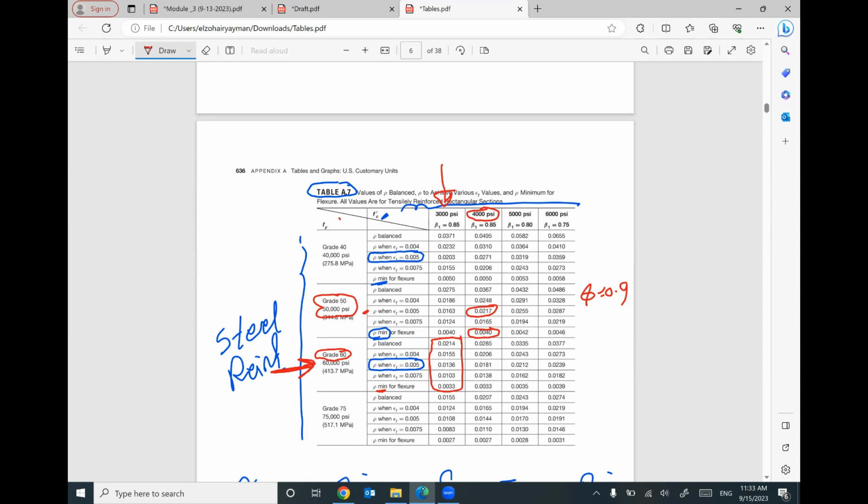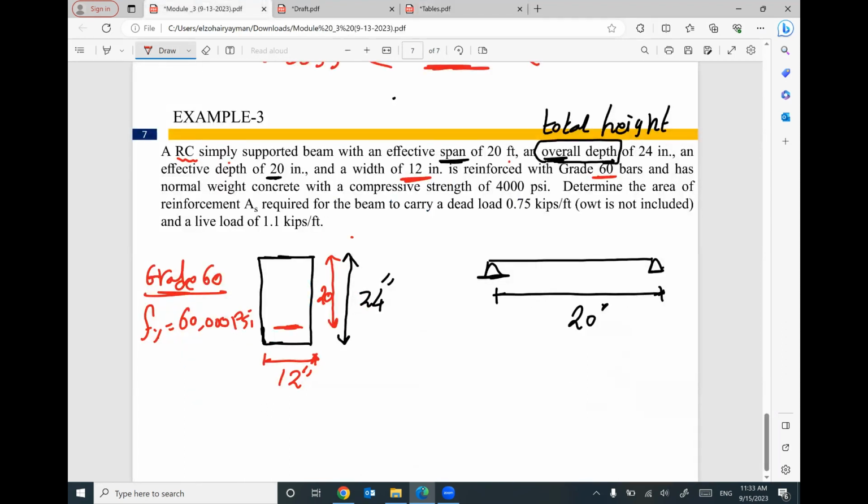That makes sense? And we are given concrete compressive strength F prime C equal 4,000 psi. We need to figure out how much steel reinforcement, to determine the area of reinforcement, area steel. This area steel is unknown.